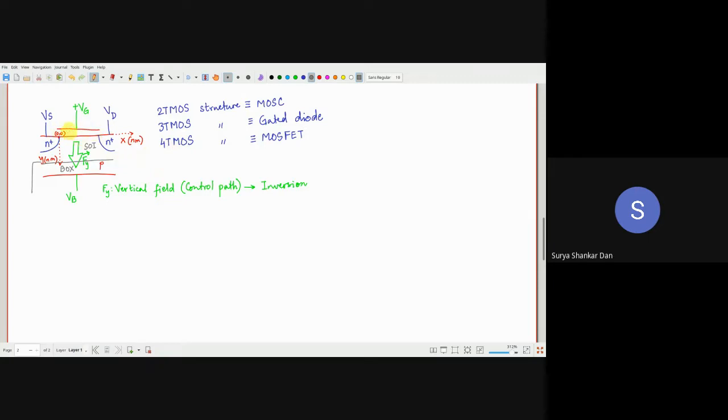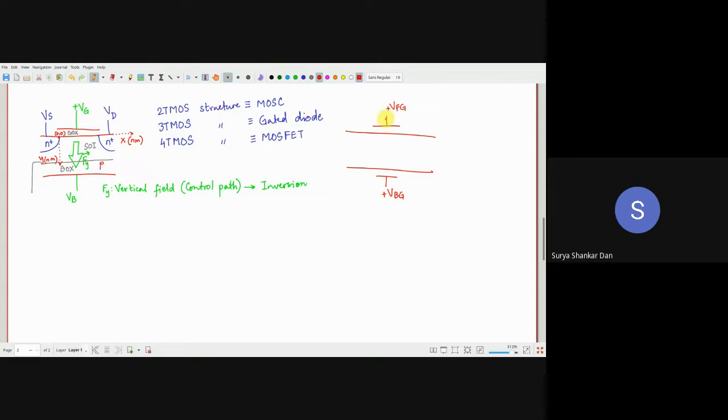Notice what we call it over here: we will call it gate oxide. This is the buried oxide. Now suppose this gate oxide and buried oxide are the same thickness. Then your device will look something like this, right? Here I will call it the front gate. Here I will call it the back gate.